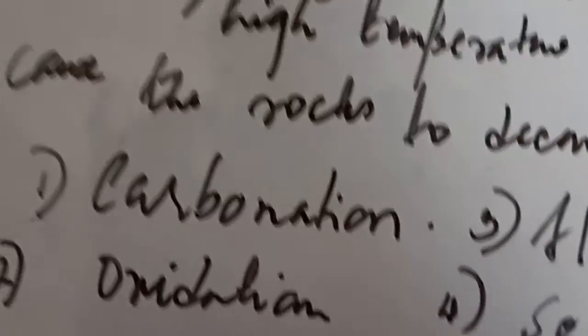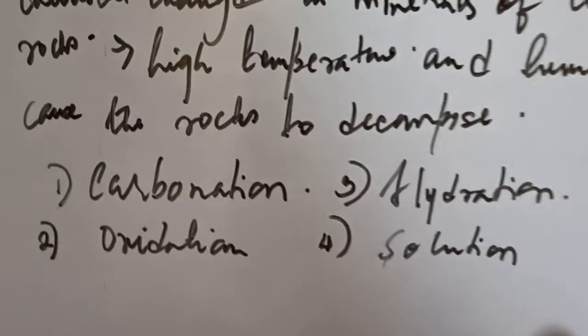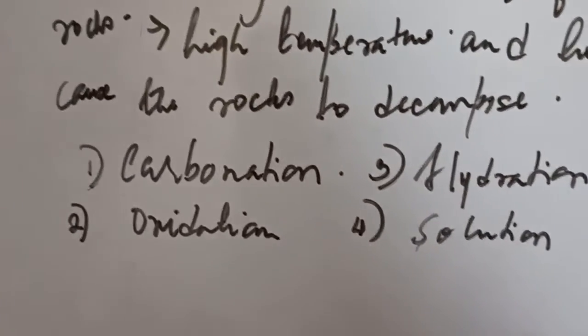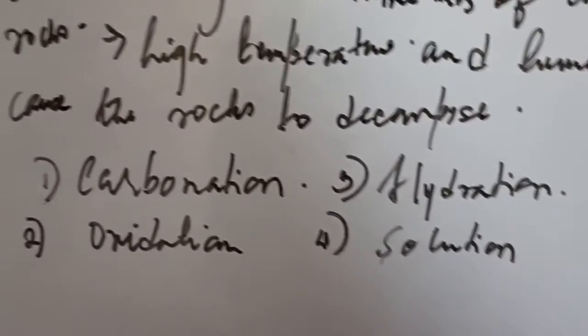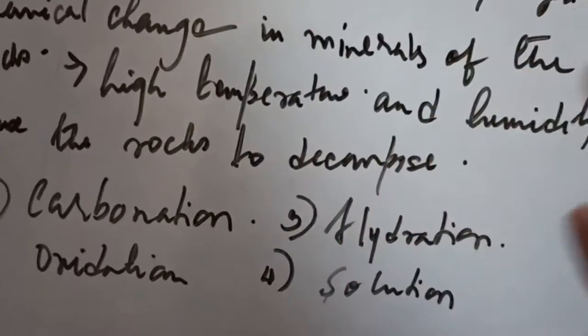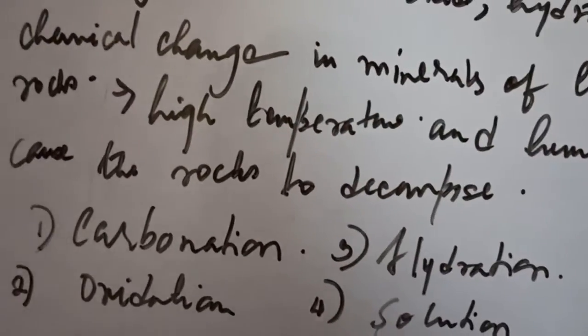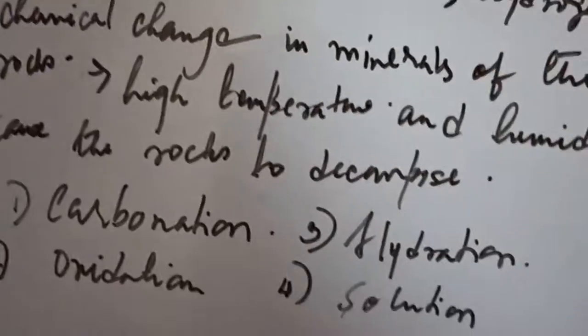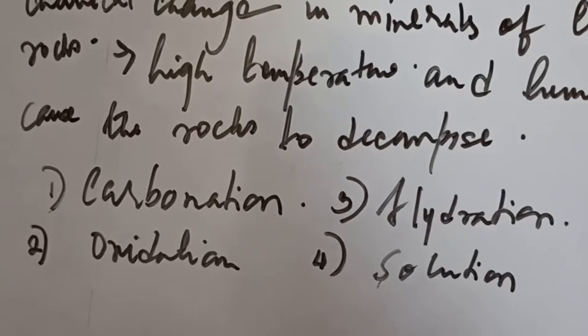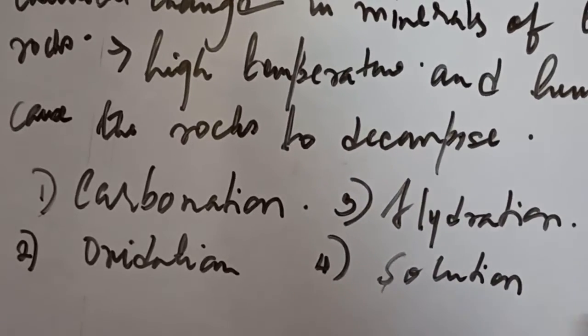So carbonation, hydration, oxidation and solution are the four processes of chemical weathering. So chemical weathering leads to the chemical change in the minerals of the rocks. Due to the high temperature and the humidity, it also causes the rocks to decompose. Now let us see what all these processes are.